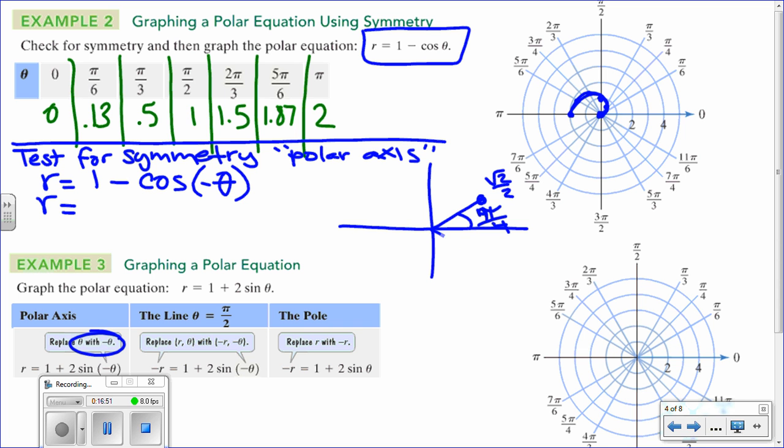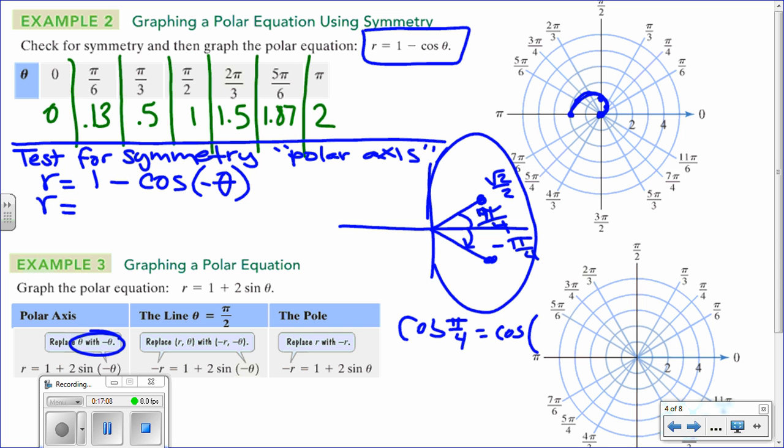What if I ask you what is the cosine of negative pi over 4? Is it the same? Yes, because cosines are positive here. So the cosine of a positive angle will be the same as the cosine of the opposite of that angle. And so when that happens, based on Fricka 1, when the function is exactly the same as the original, then we can say that it is even.